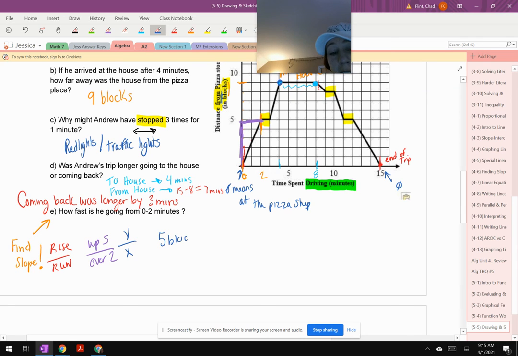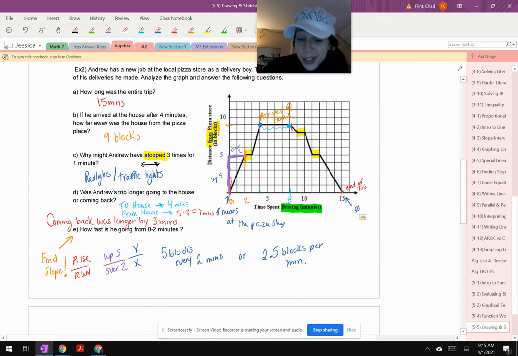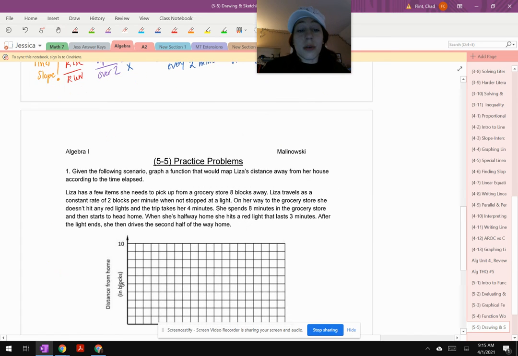We're going 5 blocks every 2 minutes, up 5 over 2. You could simplify that, or 5 divided by 2 is 2.5 blocks per minute if you're finding that unit rate. So either way, I did that by counting on the graph here. I counted up 5 over 2. Use the graph that they give you, mark it up as much as possible. It's there to help you. So there you go. There's your first practice problem.